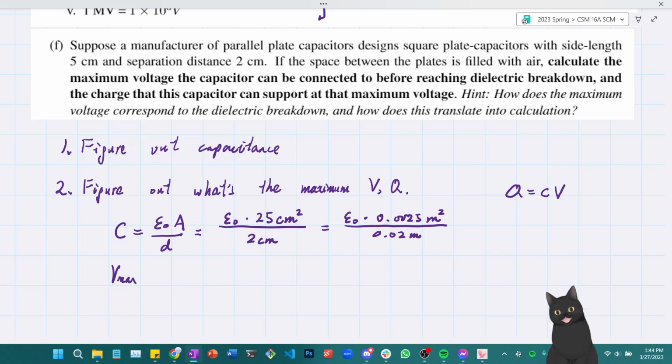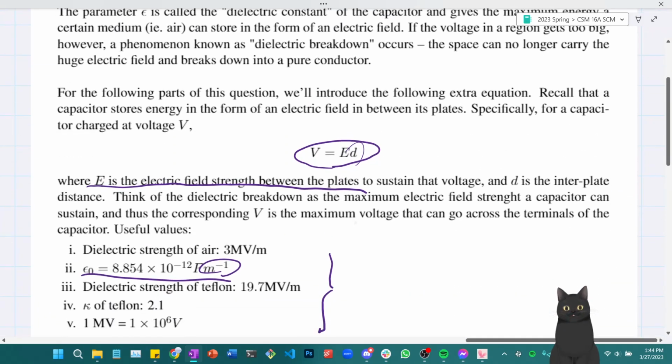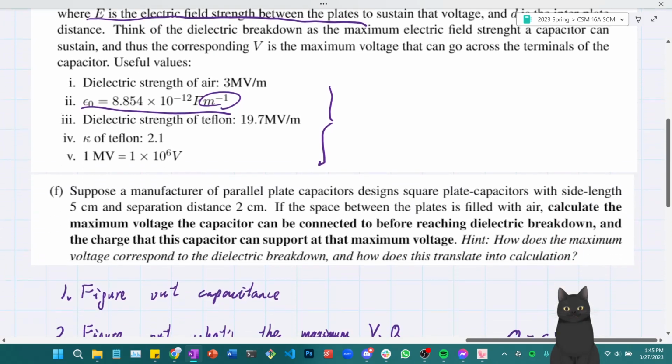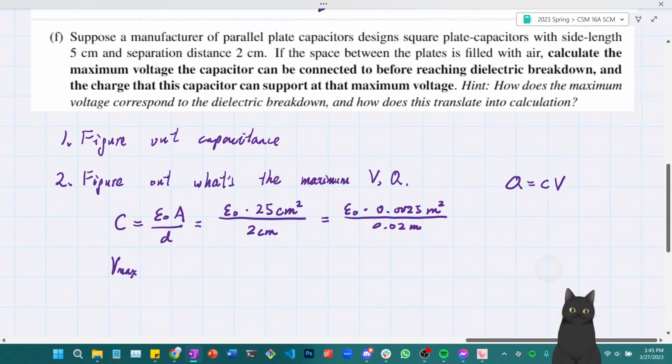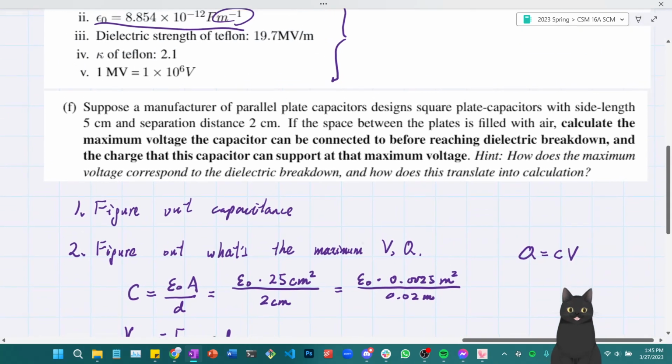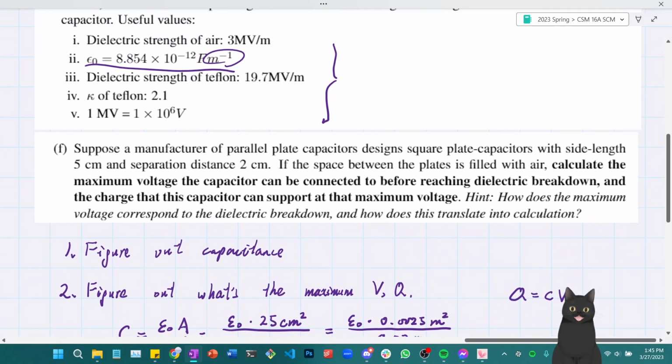The maximum voltage across the two plates of the capacitor can be written as V equals ED, where E is the electric field strength between the plates. So Vmax is equal to Emax times D, since the distance between the plates doesn't change. Now we have to figure out what Emax is.